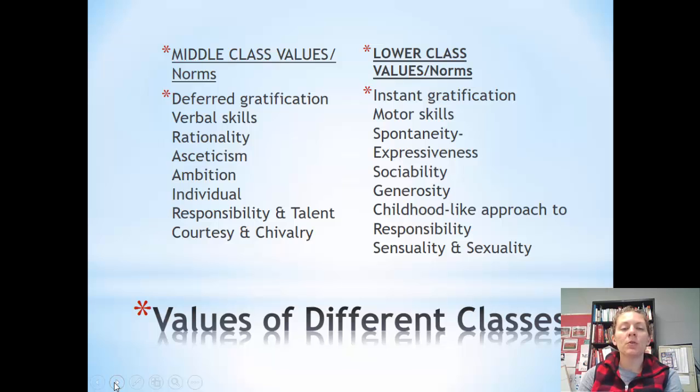Verbal skills, being rational, okay, being courteous. And then in the lower class, you see more emphasis on the now, the instant gratification, motor skills, spontaneity, more about sensuality or sexuality. So those in the short term, okay? And that's going to impact the way in which someone lives their life and what's important to them.